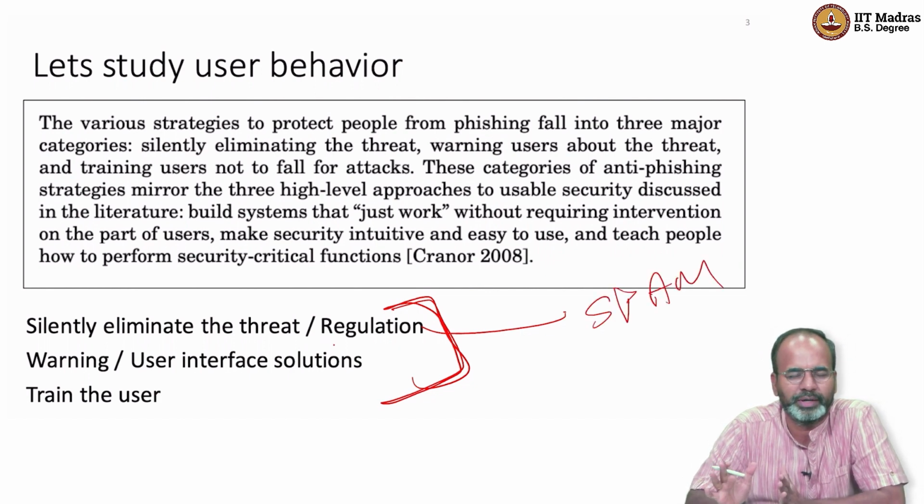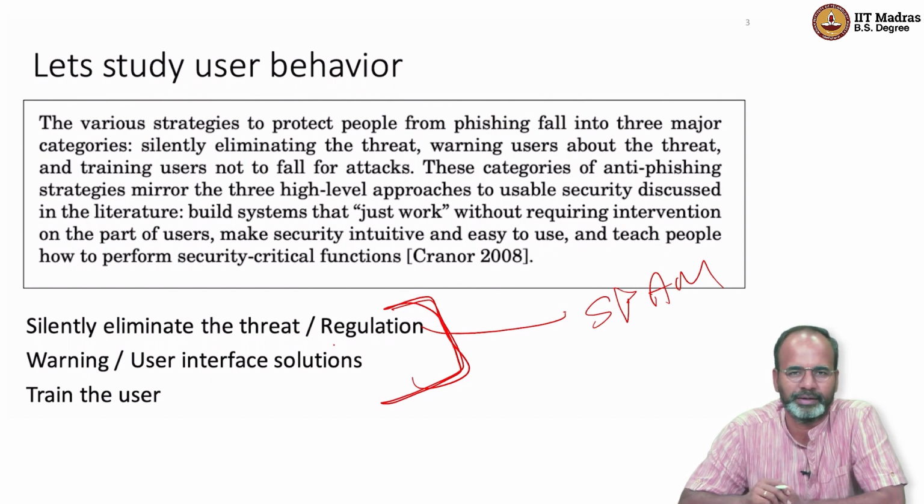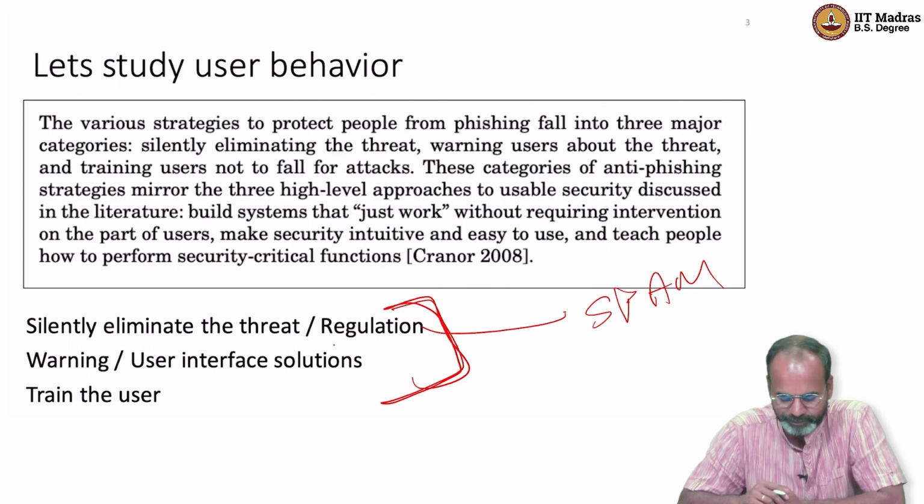Don't worry about telling any user, don't worry about building technologies that the users can use. Just make the spam filter better at the back end, put it on the server, let it work better. Let the emails be caught at the server itself. That's silently eliminating the threat.